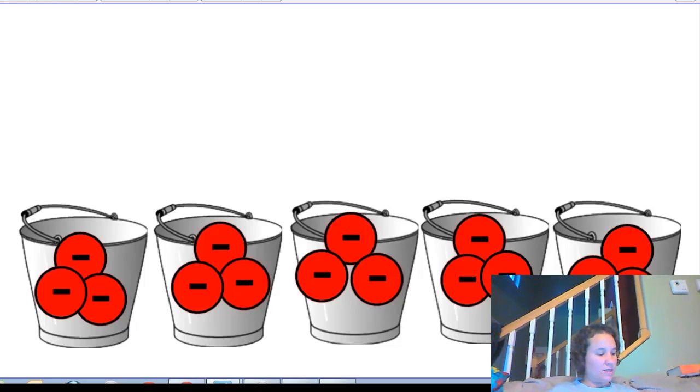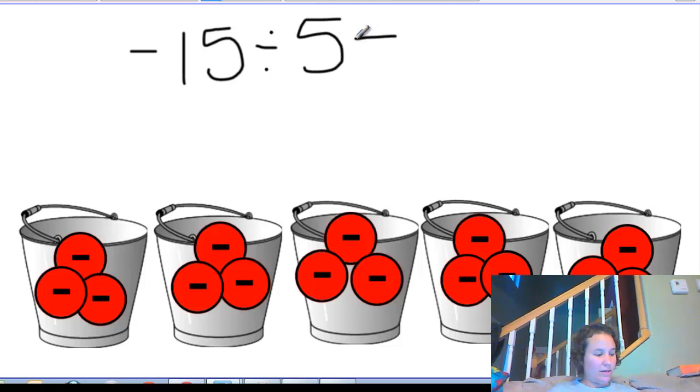So I would think of this as I started out with -15. I divided that by +5 buckets, and I ended up with -3 in each bucket. So you can see here I'm dividing a negative by a positive, and I'm getting a negative again. So it's looking like our rule is probably going to be the same.